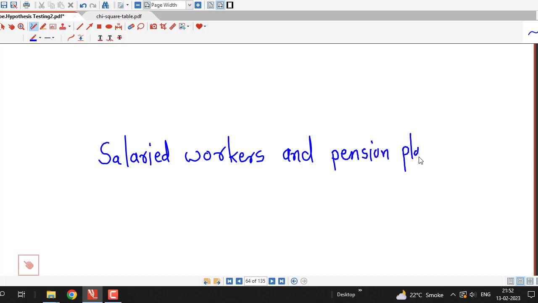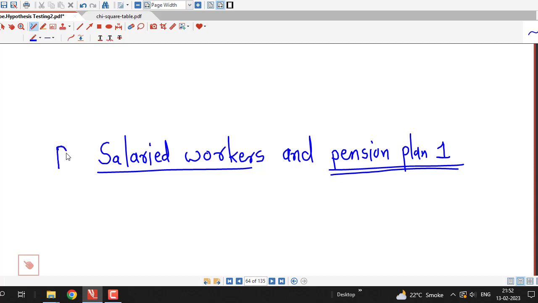pension plan number 1. Now we have assumed that the null hypothesis is correct, therefore these two events are independent: that the worker is a salaried worker and the worker likes pension plan 1.